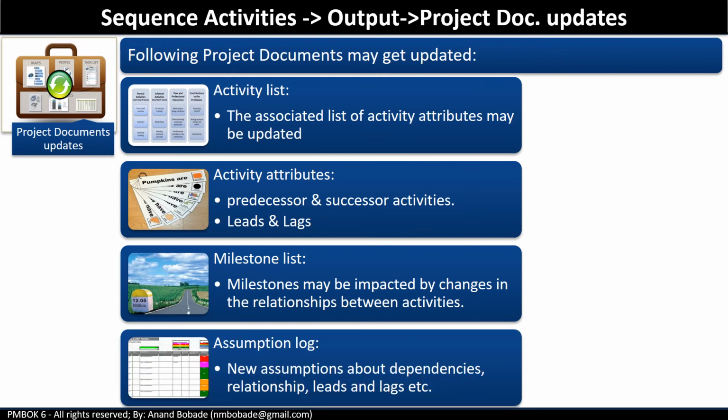Assumption log. The assumptions and constraints may be impacted by changes in the relationships between activities identified during this process. For example, mandatory dependencies cannot be changed, and this may impact some existing assumptions, or it may result in identification of new assumptions.